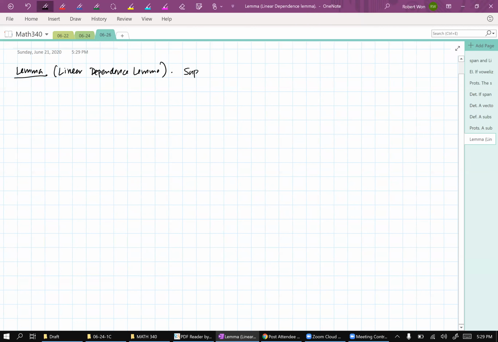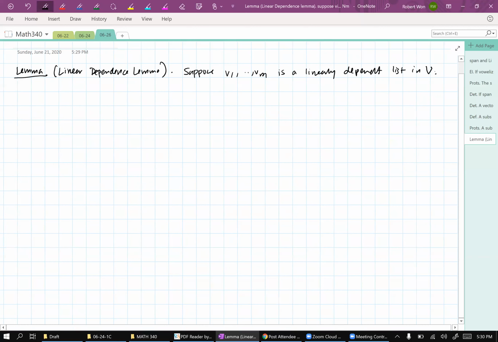So suppose that v1 up through vm, I've switched to m's, is a linearly dependent list in V. So by the proposition we just proved, this means that one of the vectors is a linear combination of the others.